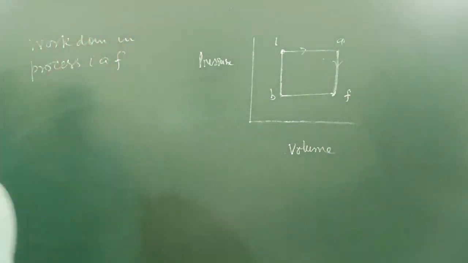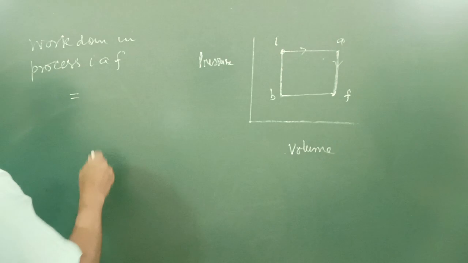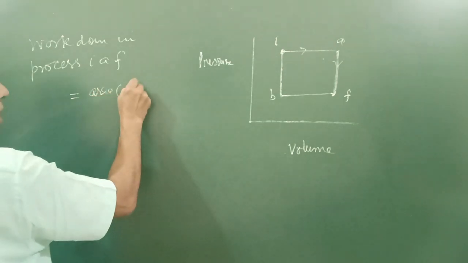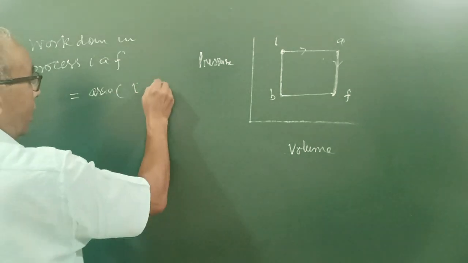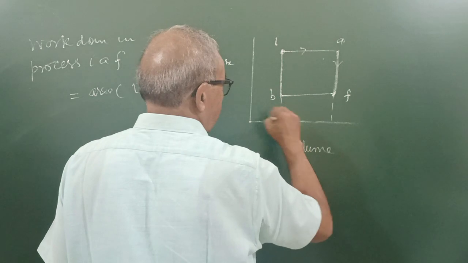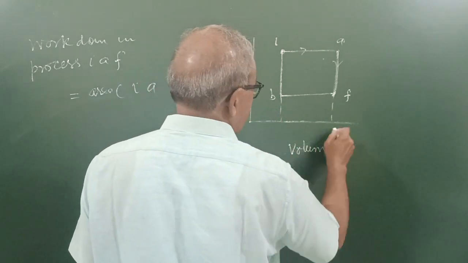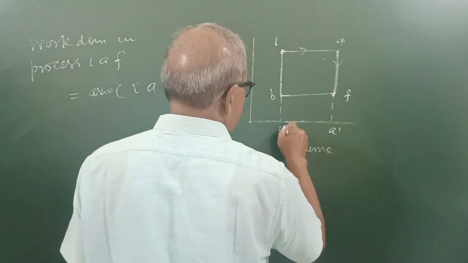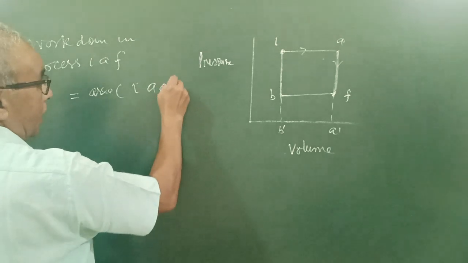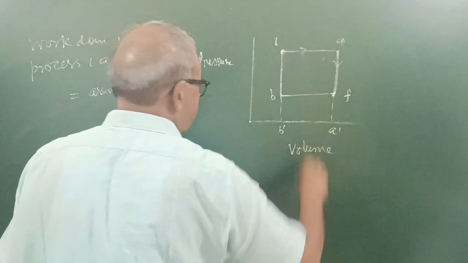So work done in path IAF is equal to the area I, A, A dash, B dash, I. Let me mark it as A dash, B dash. This whole area under the graph.